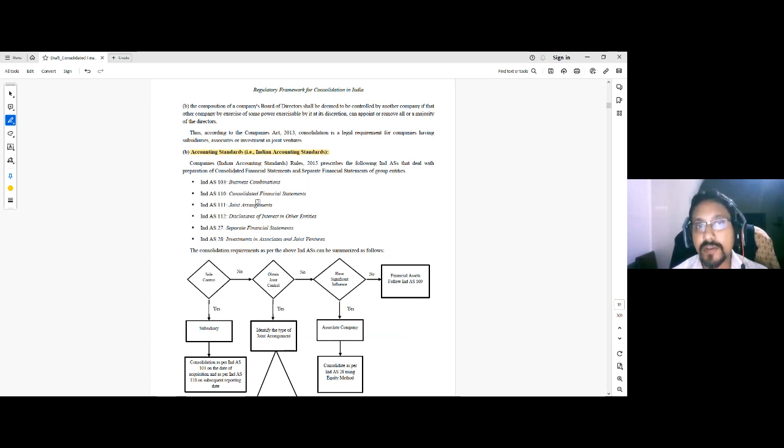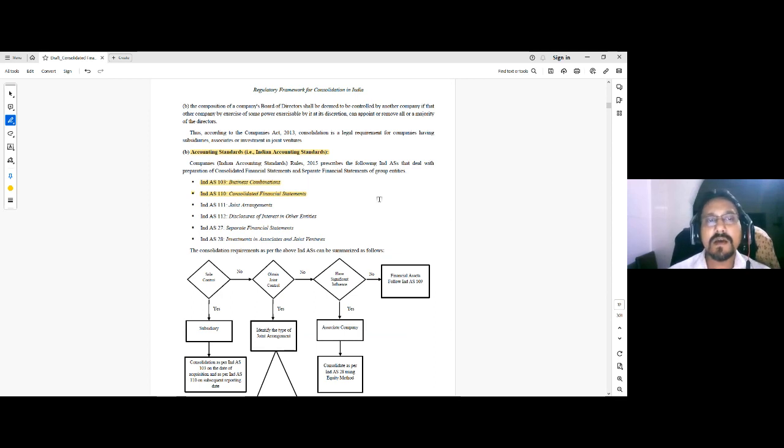Along with that, for joint ventures, we have Ind AS 111, Ind AS 112 Disclosure of Interests in Other Entities, Ind AS 27 Separate Financial Statements, and Ind AS 28 Investments in Associates and Joint Ventures. This provides the gamut of consolidation related accounting standards, of which our discussion today will be limited to these two: business combinations and consolidated financial statements.